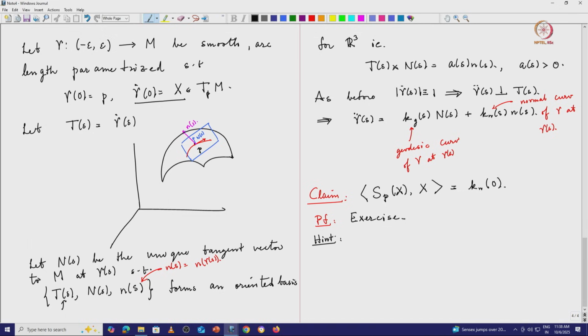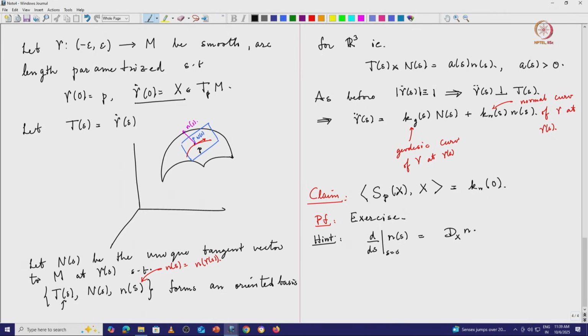The hint is to come up with the following formula: if you take n of s and calculate the derivative at s equals 0, then that is precisely going to be d_x of n.